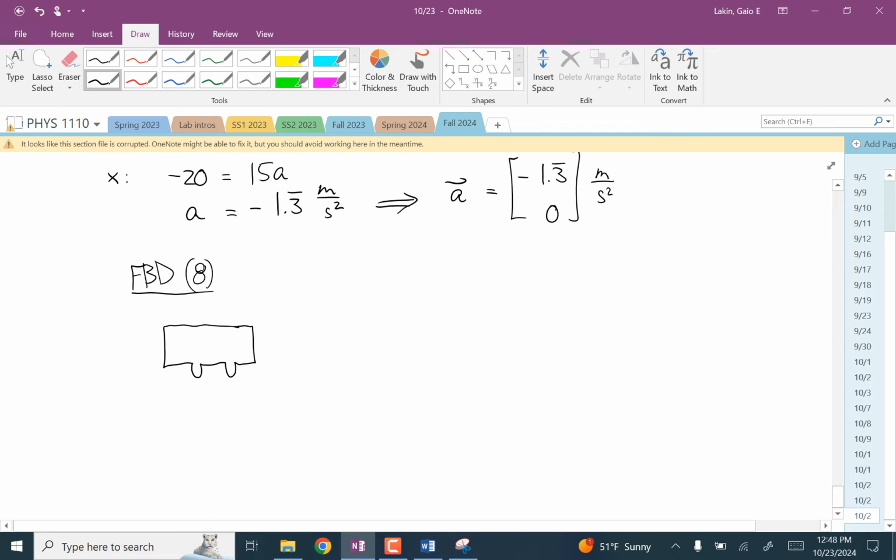We have a weight of 78.48 and a normal force of N8.